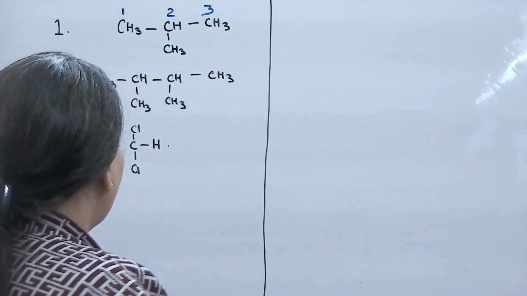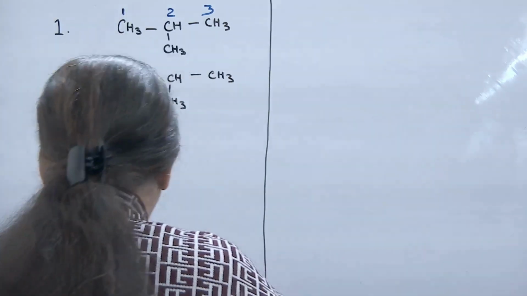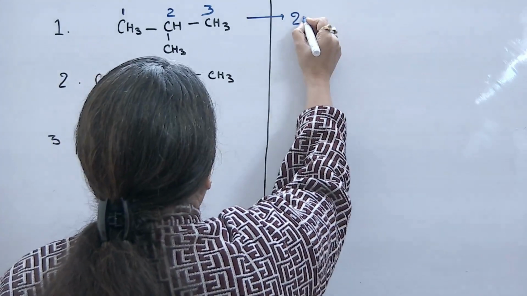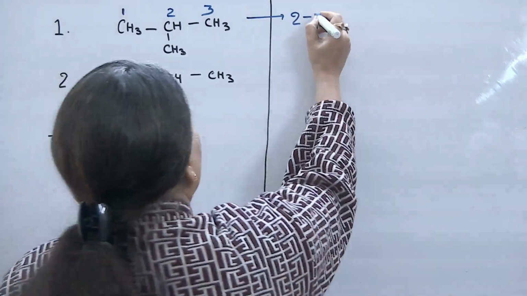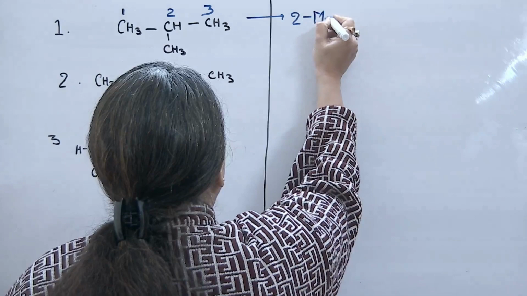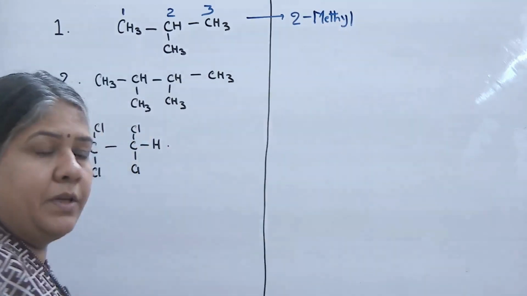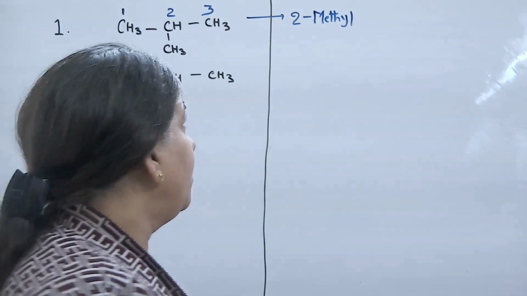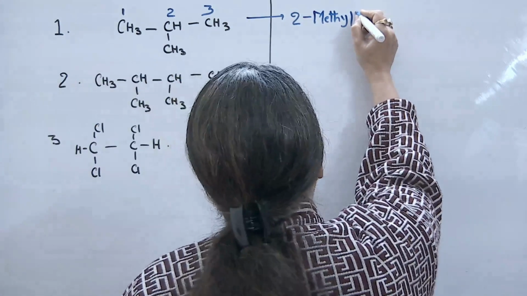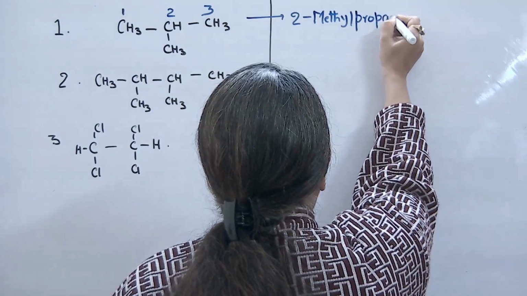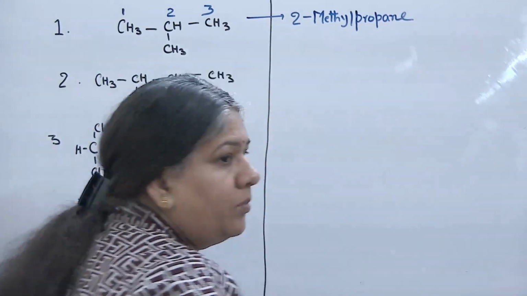So the name will be 2-methyl, and the longest carbon chain is 3 carbons. So you will write the root word prop, and the suffix will be ane.